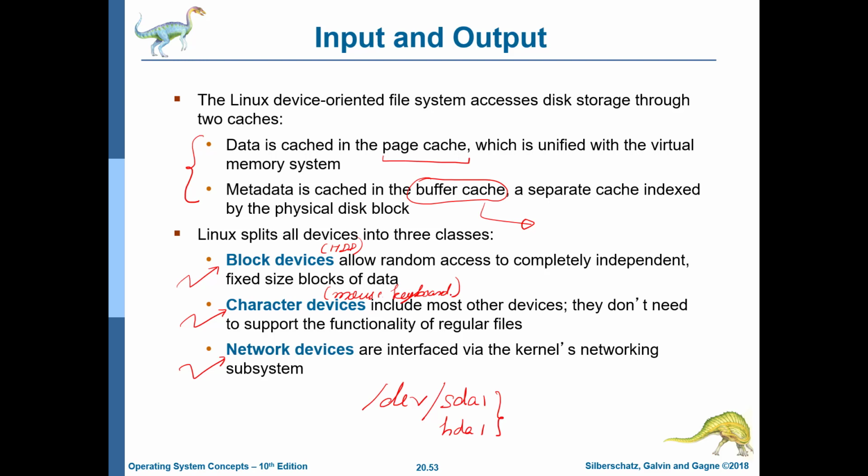Character devices are simple in the sense that most of the time we read or write a single character from them. So they clearly don't need the support or functionality of regular files. But nonetheless, all devices are treated as files. Then we have network devices, which interface into the kernel's networking subsystem, which in itself is a very large subsystem.